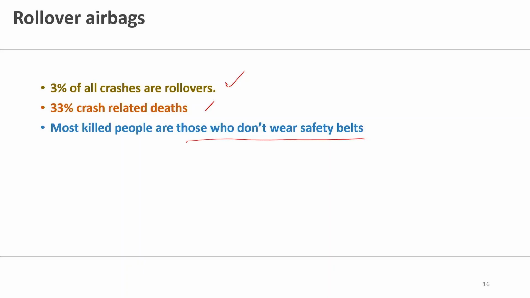During a rollover, it has been observed that the safety belt protects them, because when the automobile is turning and rolling, the position of the person inside the automobile gets changed and he will get multiple impacts.